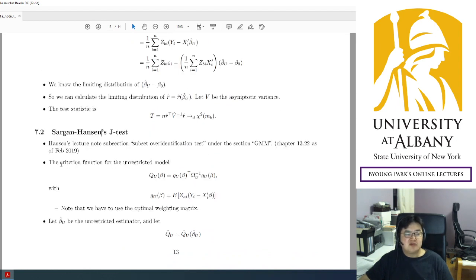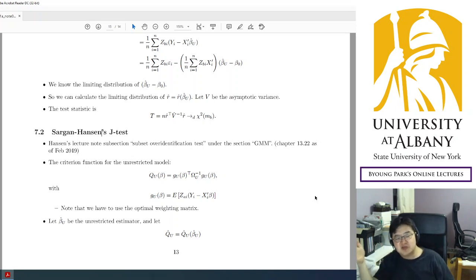And think about the criterion function as before. Now what you are doing here is you may think about two different moment functions. One is the moment functions without using the uncertain instruments, so you only use the certain instruments as the moment function. That's the unrestricted model.